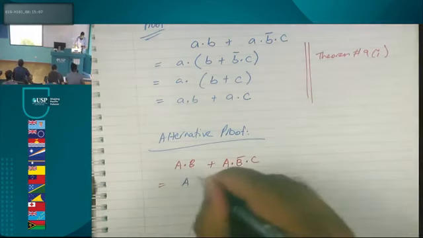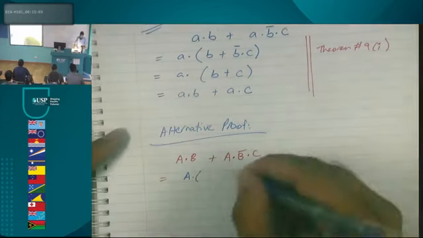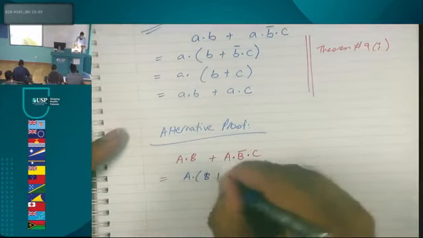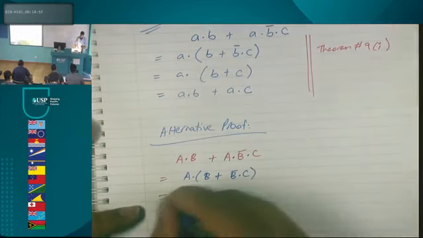So yeah, I'm doing the same thing. I've just made it uppercase, but just to show you that there's a difference. B or B bar and C. Okay, we're consistent up till there.